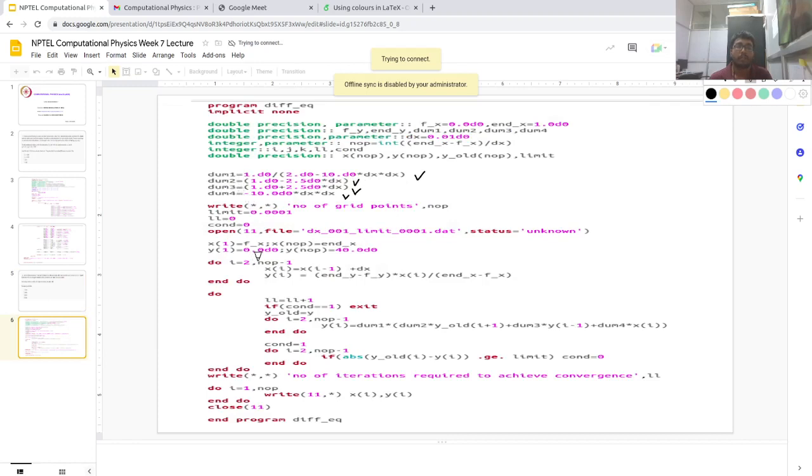Okay, so in this way you can write the equation, and you can calculate the value of yi using yi plus 1, yi minus 1 and xi.